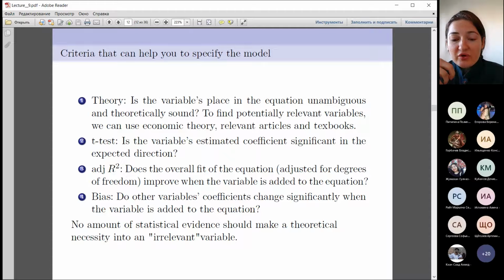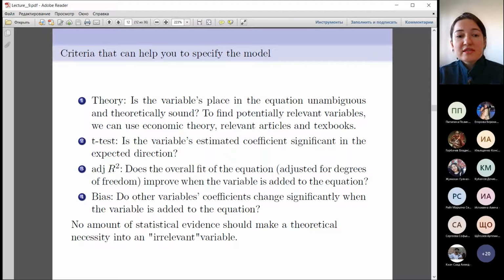And for example, if you include an irrelevant variable in your model, it will reduce adjusted R-squared, and you can also find an insignificant t-statistic, and the irrelevant variable will with high chance have a very small impact on the other variables in your model.